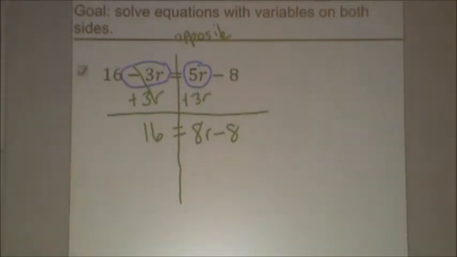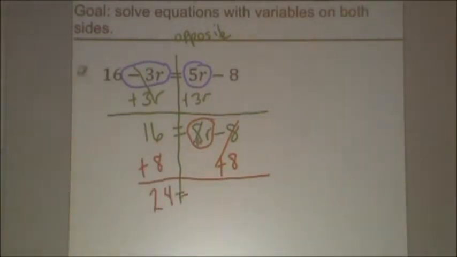It's just we're used to seeing equals a number on the other side, but it's okay. So again, I'm going to circle up my variable, and I'm going to stick them in my pocket for later, and I'm going to get rid of the minus 8 by doing the opposite, which is adding 8 to both sides. And remember, opposites cancel out. 16 plus 8 is 24, and that's equal to 8r.